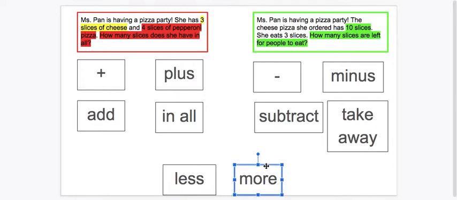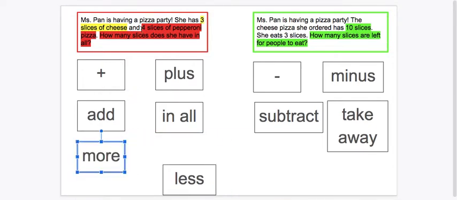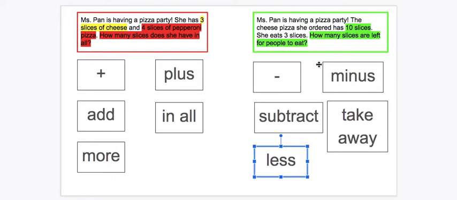You're right, it will be more. 3 plus 4 will be more than 3 or 4. So if addition is more, then subtraction has to be less. When we figure out the answer to a subtraction problem, it will be less than our starting number, 10.